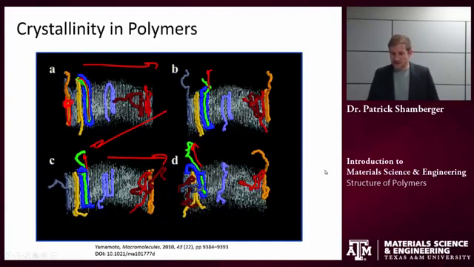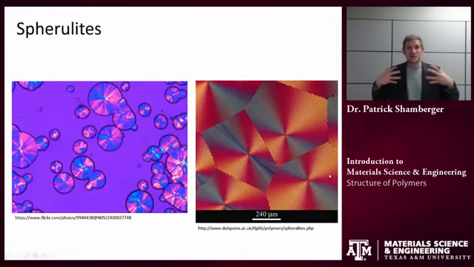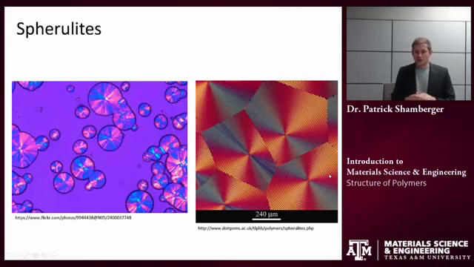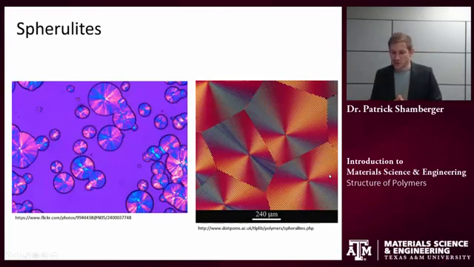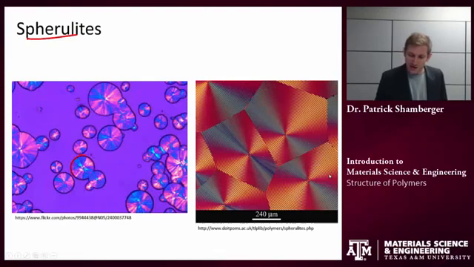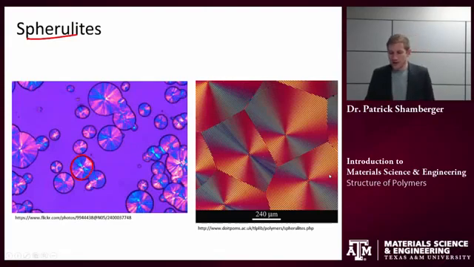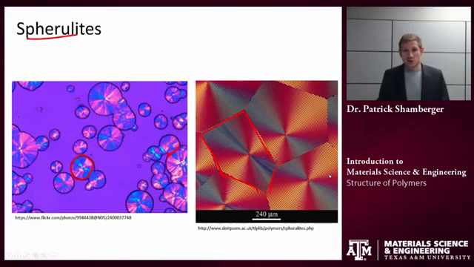Okay, let's zoom out one more level. This is something I could see with an optical microscope now. If I look at semi-crystalline polymers, I see what are called spherulites. They're called that because they are spherical in nature. If I get enough of them, they start to impinge on each other, and that means I'll get these nice geometrical shapes. They can't be spheres because they've occupied all the space. This is similar to a grain structure in metals.